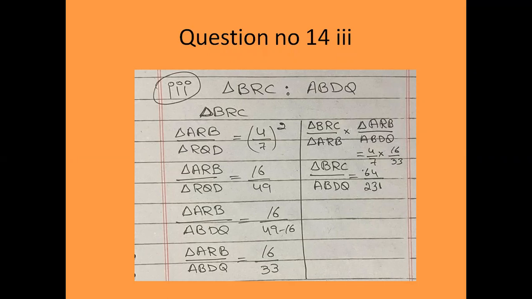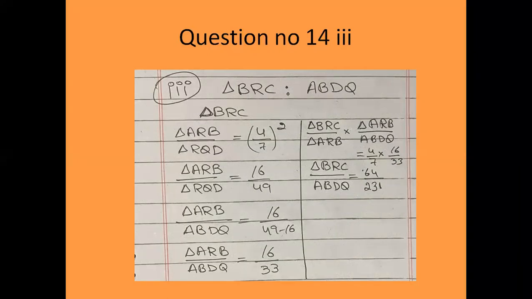First of all, I will find the ratio of triangle ARB to triangle RQD, because both the triangles are similar. If you look at the diagram, one side is 4, the other side is 7, so it will be 4 by 7 squared. So triangle ARB to triangle RQD will be 16 by 49.